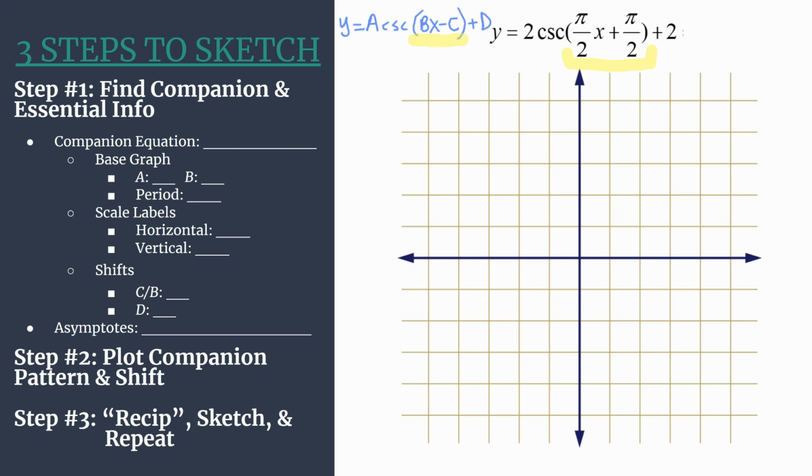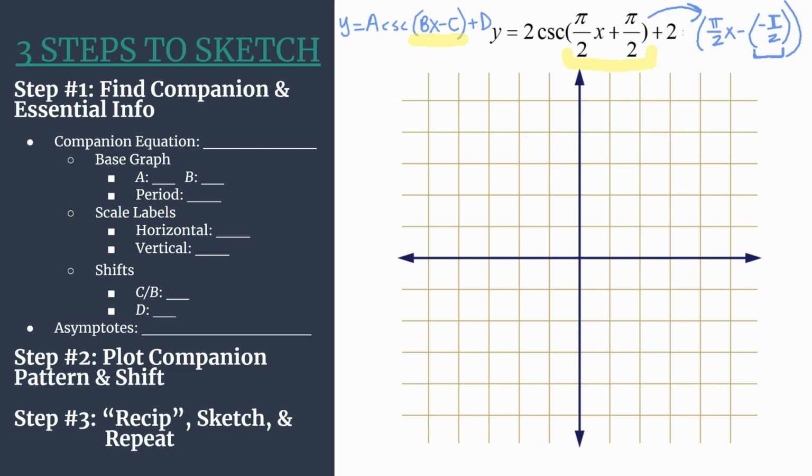You may like to think about this, and I'm just going to write this part out to the side, as pi over 2x minus negative pi over 2. So your value for c is actually negative pi over 2. That's really going to be important when we talk about our shifting a little bit later on. So this will be movement to the left. I think that can be a common mistake, so I like to address it up front.